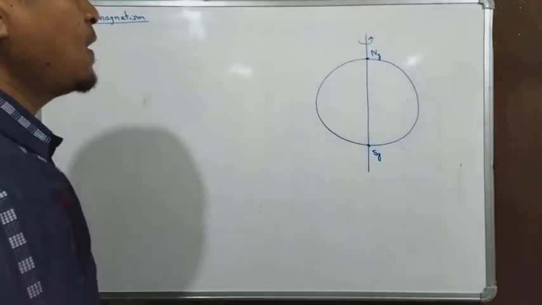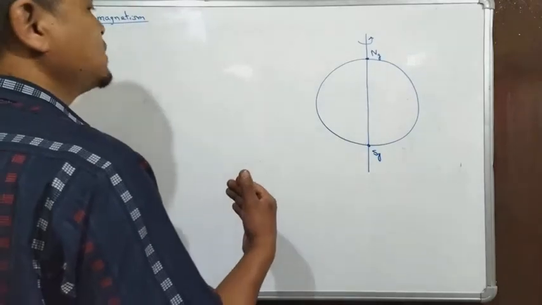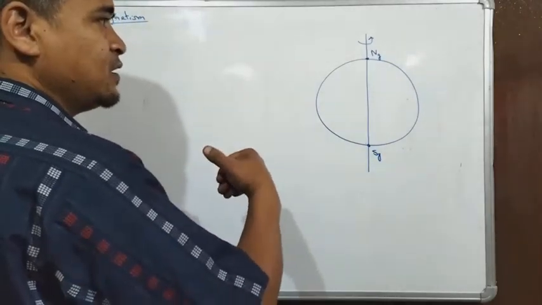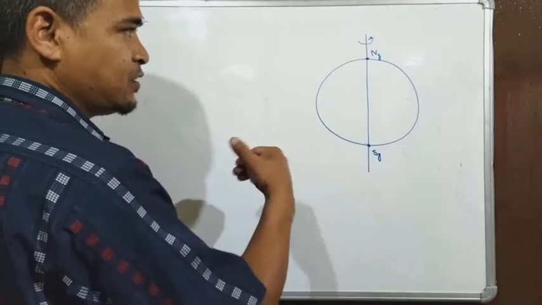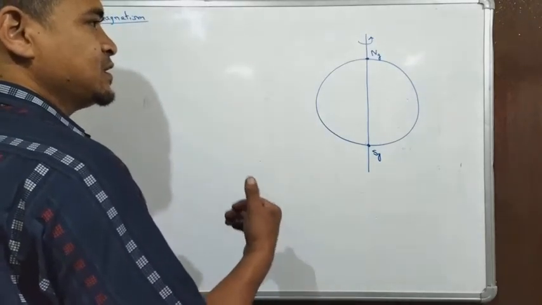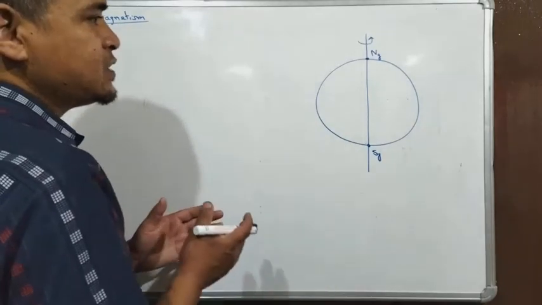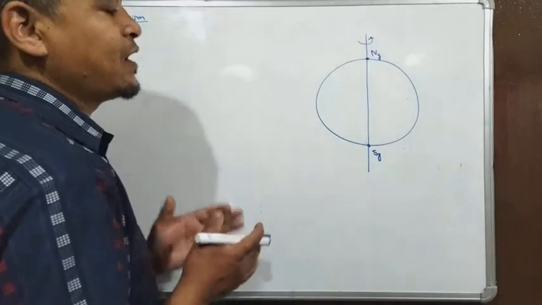Now, if the magnetic needle, when placed on the surface of the Earth, gets arranged in the direction of the magnetic field, then who actually produces the magnetic field of the Earth?